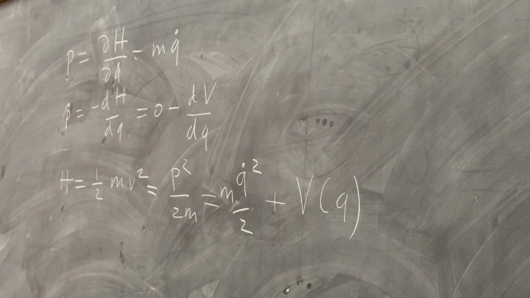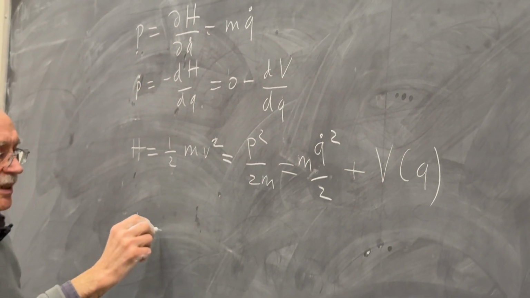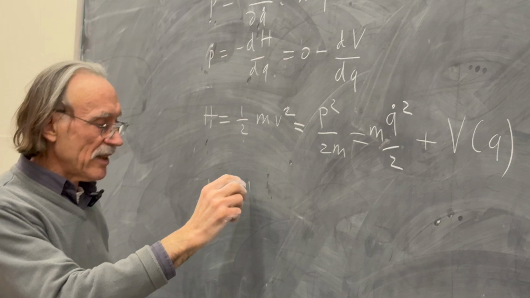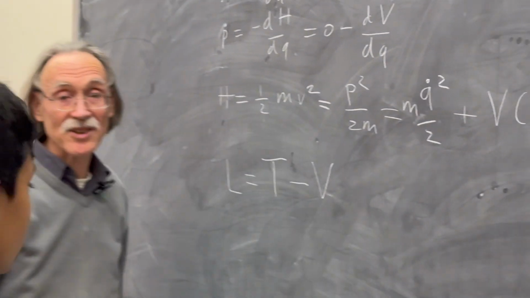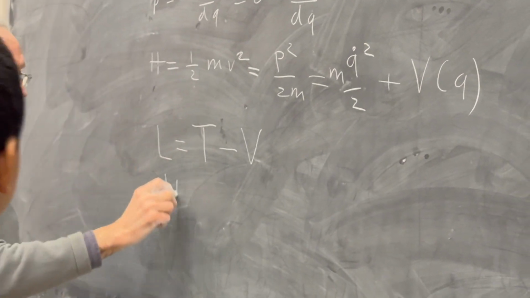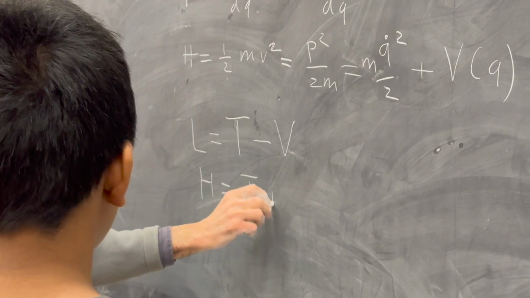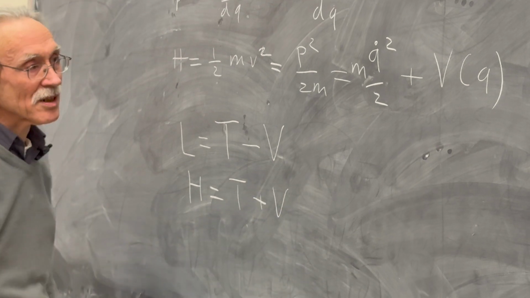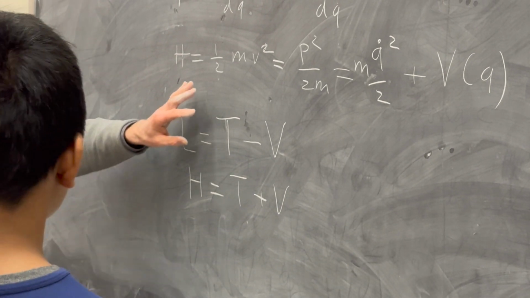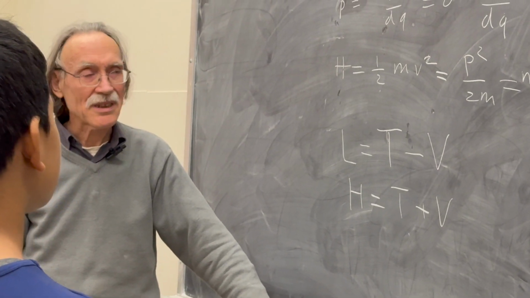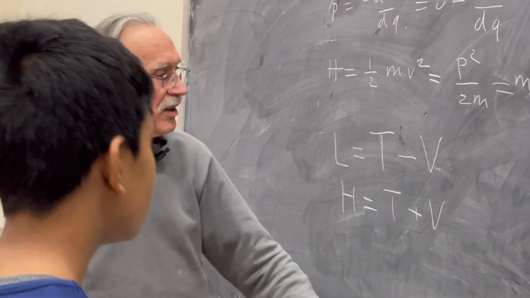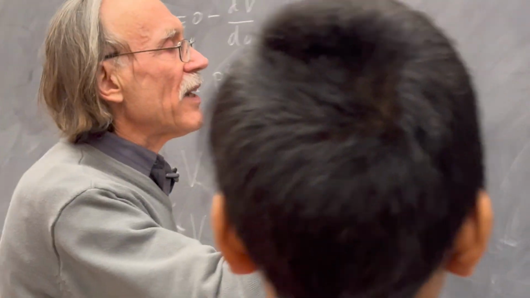For the Lagrangian, it is equal to the kinetic energy minus the potential energy, while the Hamiltonian is the kinetic energy plus the potential energy. You can also write down equations of motion for the Lagrangian, but then you do it in a different way.